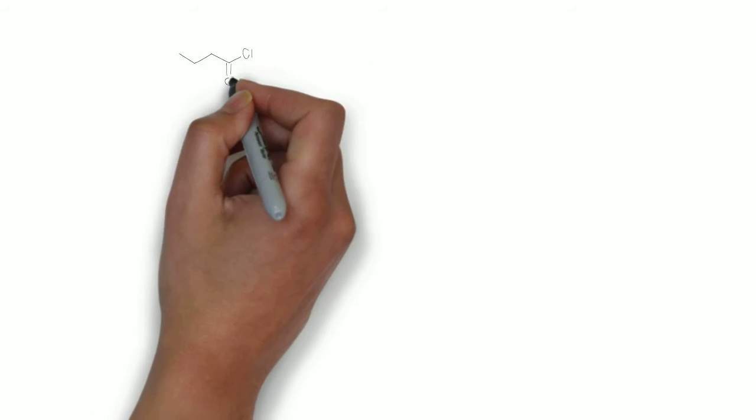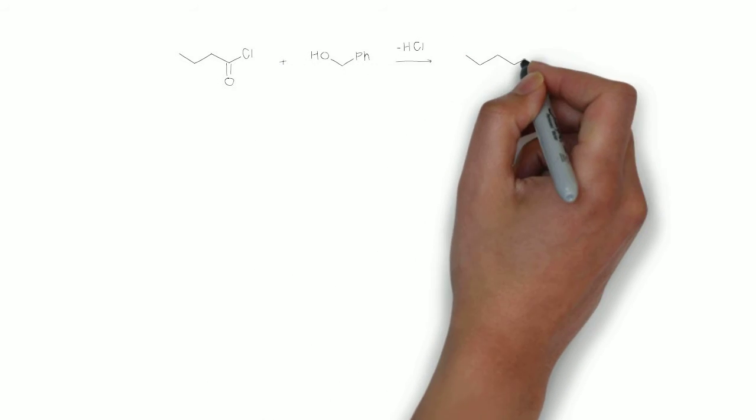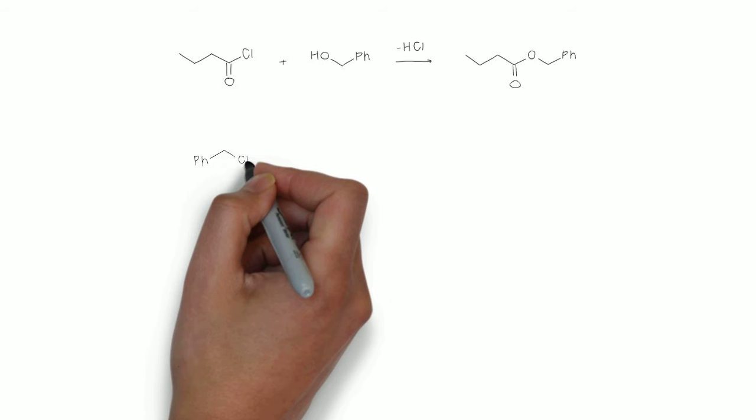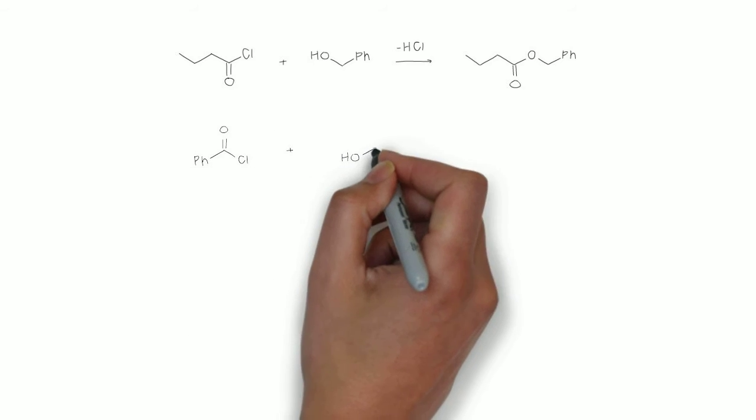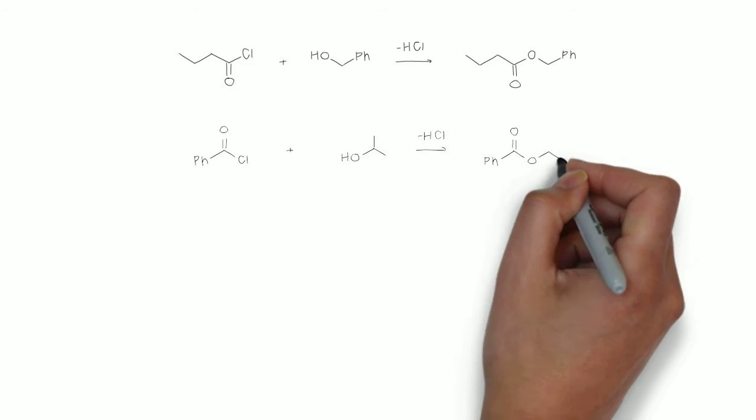Similarly, if I take an alcohol and I add it to an acid chloride, then the net reaction is formation of an ester with loss of HCl. And I can do that for a variety of esters like butanoyl chloride and benzyl alcohol, benzoyl chloride and 2-propanol.